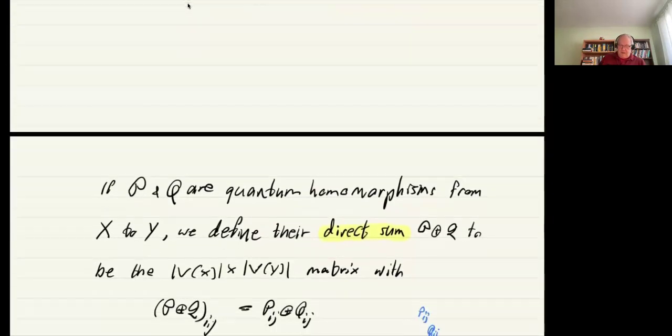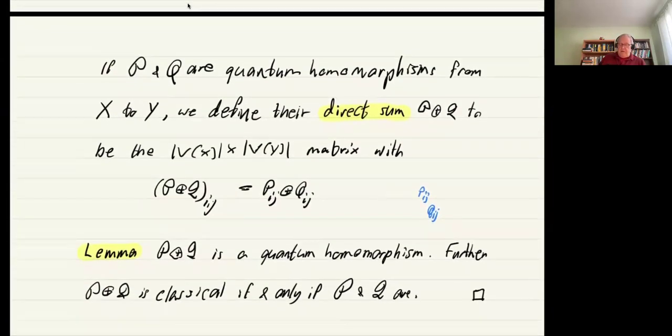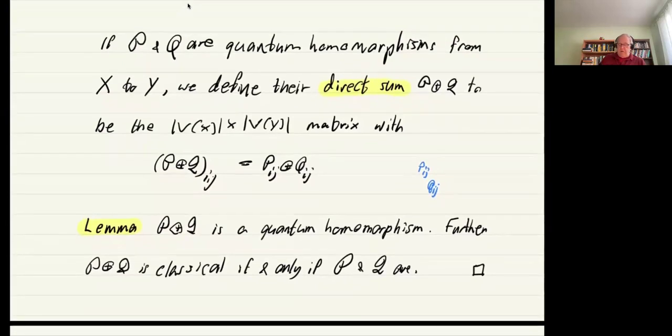Okay, so the operations I want on quantum homomorphisms, or actually three. First is what I'm going to call the direct sum, and basically we have two quantum homomorphisms, curly P and curly Q, and we take the ij entry of our new quantum homomorphism to be the direct sum of the ij entries of the two homomorphisms we started with.